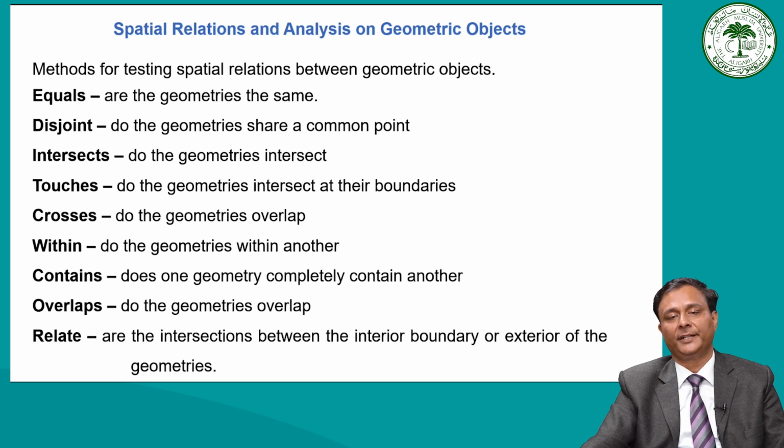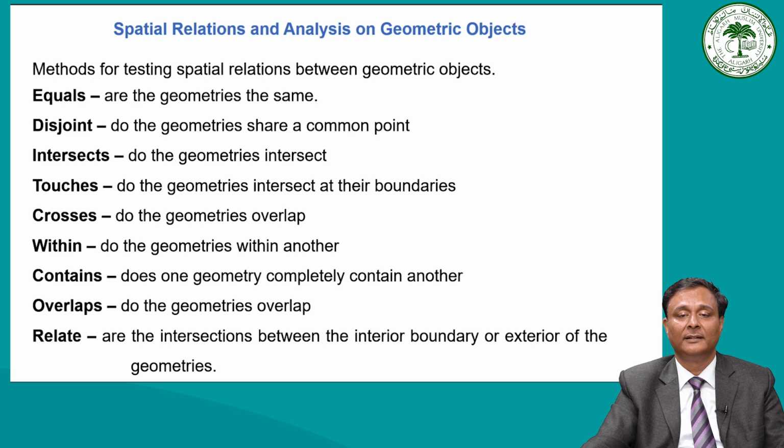Another can be disjoint, where the geometries do not share a common point. The intersects, where the geometries intersect each other. Similarly, touches, when the geometries intersect at their boundaries while they are touching each other's boundaries.